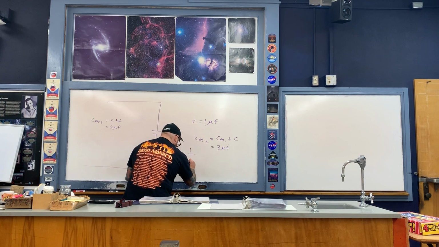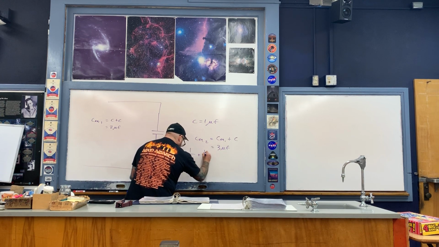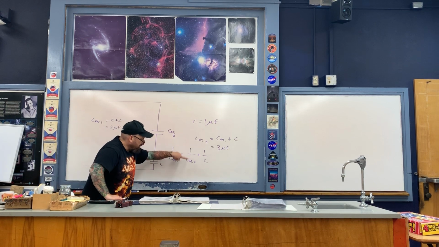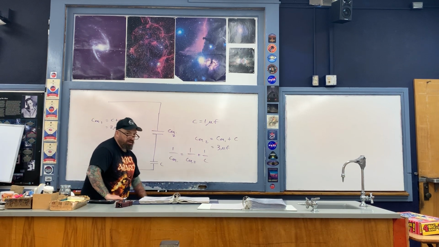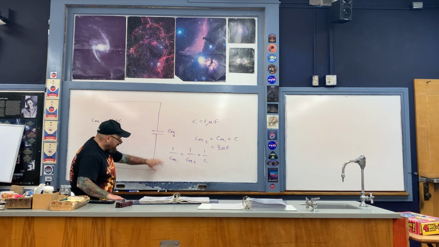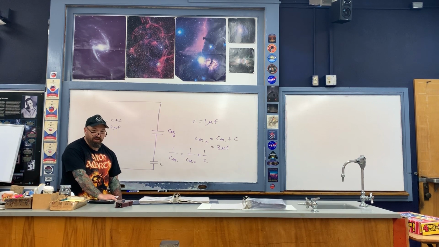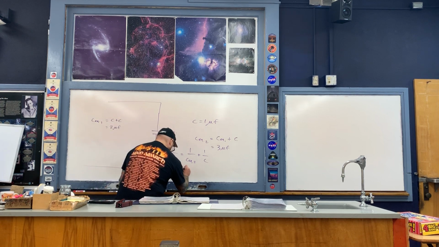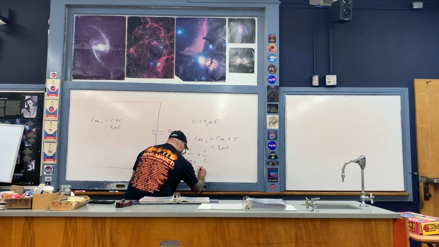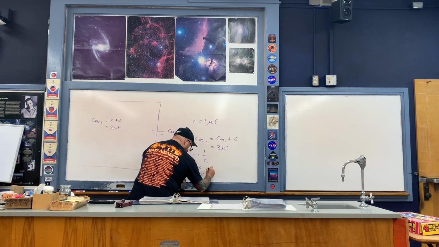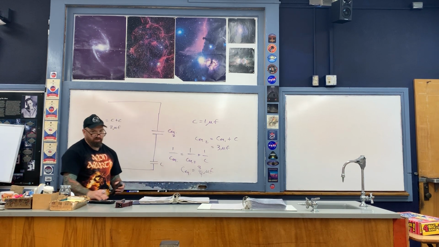So 1 over C equivalent 2 plus 1 over C for this capacitor here. So this is 1/3 plus 1 over 1. That's a total of 4/3. However, take the reciprocal now, which is 3/4, to find the equivalent capacitance of this entire circuit. So C equivalent, therefore, is equal to 3/4 microfarads. Like so, when you do the math.